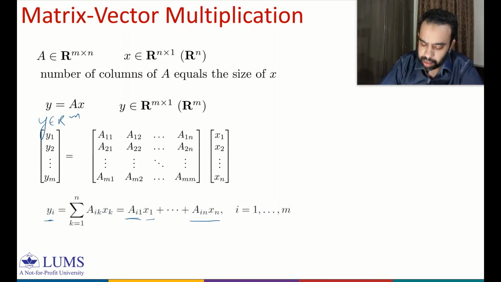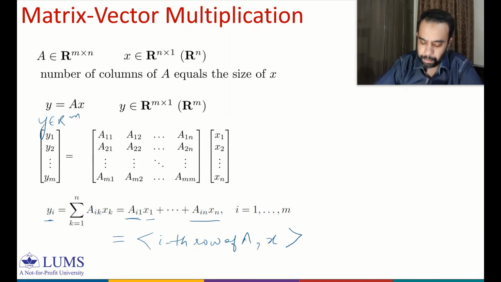These are the elements in fact at the ith row of the A matrix, and you multiply ai1 with x1, ai2 with x2 and so on and so forth. That is simply given by the inner product between ith row of A and a vector x. That's how we define the product of a matrix and a vector.